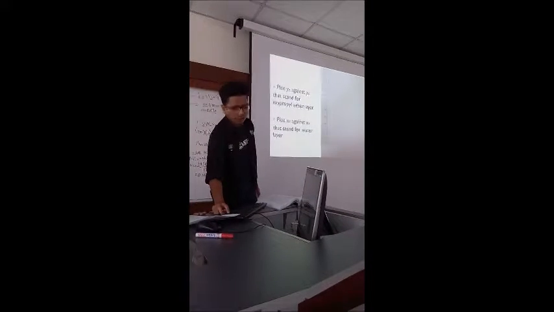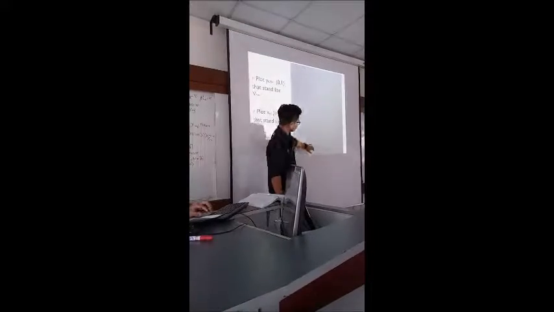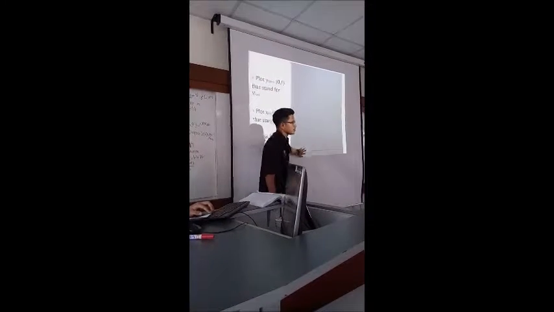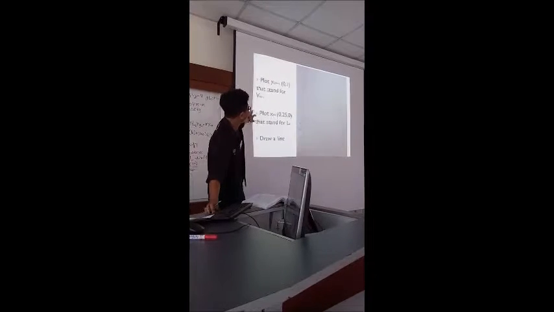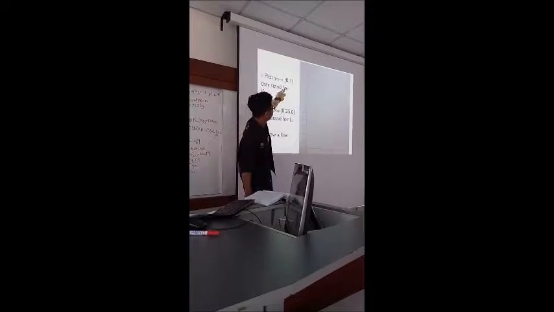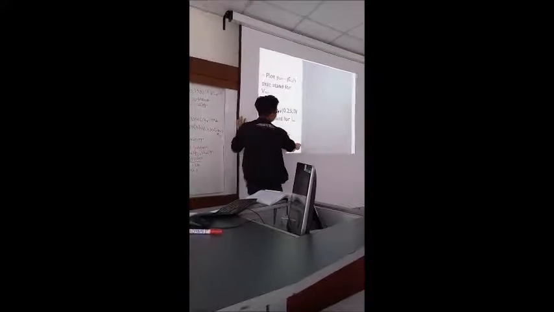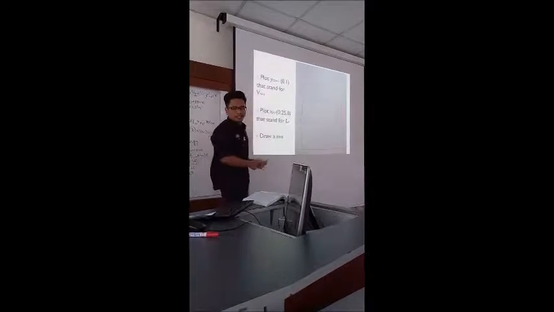Okay, for the second line, how can we get that line? First part is 0, 1. Where do we get the 0, 1? You want to plot this line from this line to this line and make it a straight line.